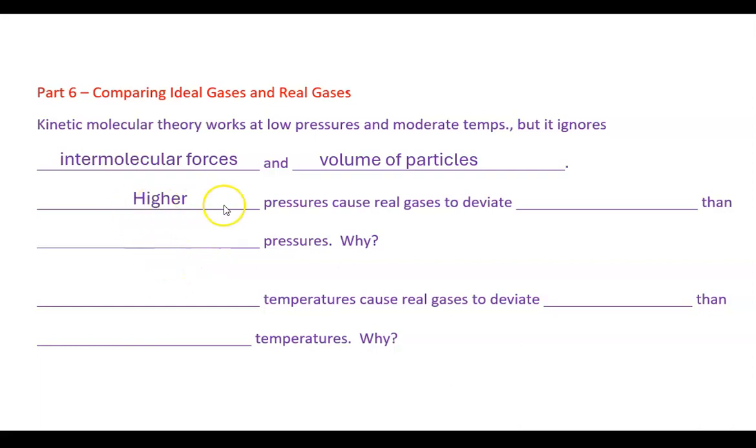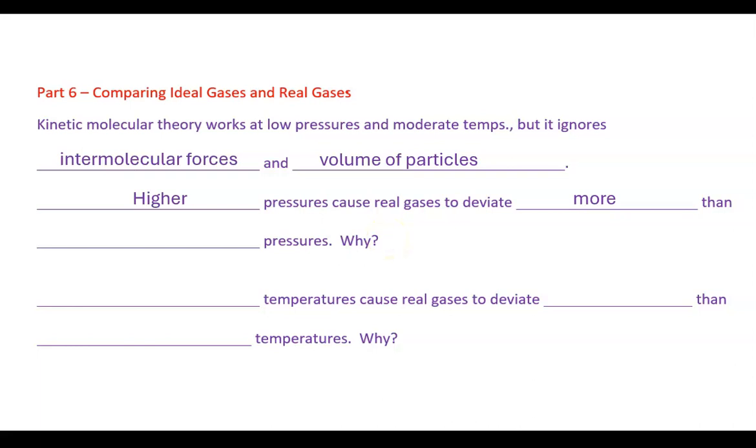Okay, so if we were at higher pressure, would we expect a real gas to deviate more or less than at low pressure? Hopefully, if we're thinking higher pressure means more collisions, and more collisions means more opportunities for these things to stick together and deviate more.